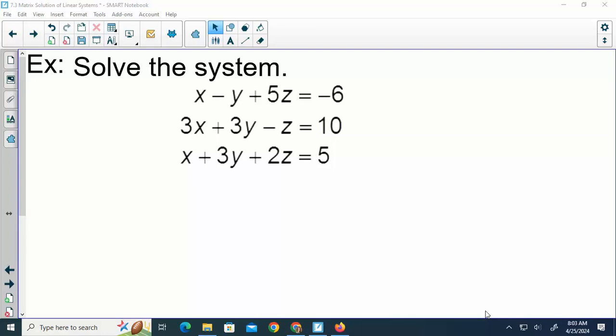With three variables, which we ended with yesterday, but this one actually has three equations as well. So we should be able to get a solution from it. So if I look at this one, first we write our matrix.